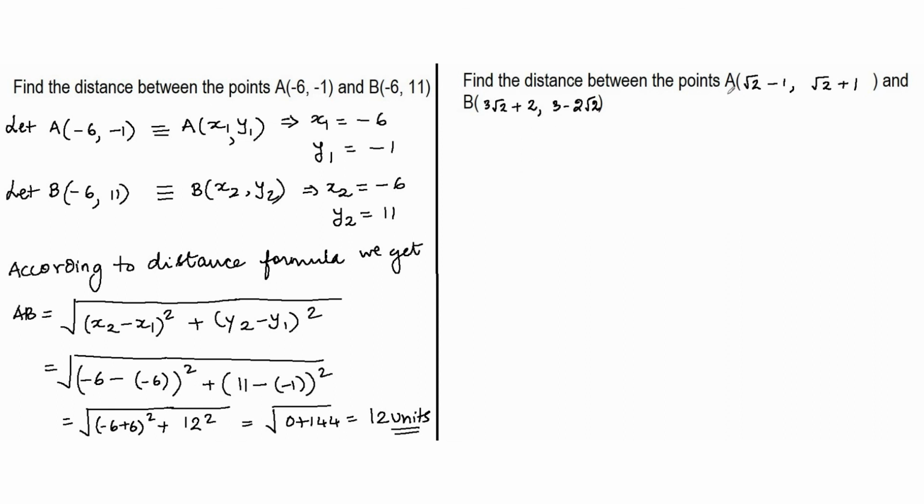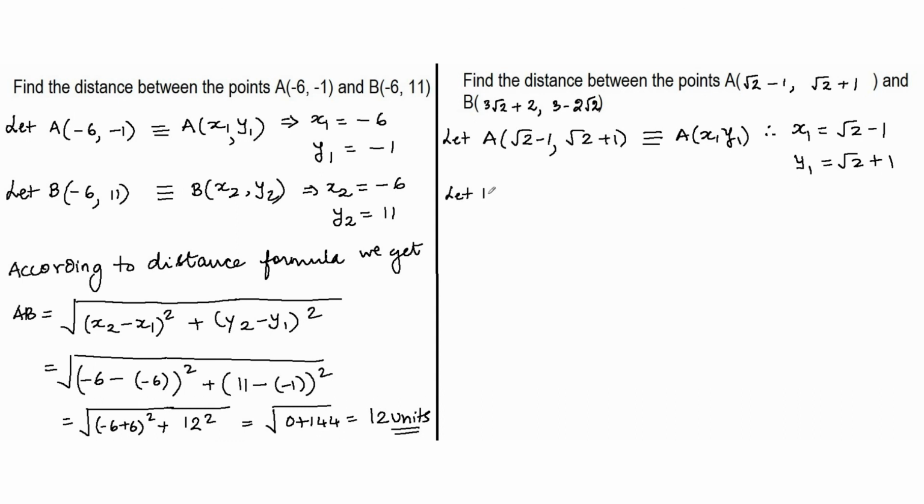Now again, let us consider the next question. We have to find the distance between these 2 points. So I will say let A of root 2 minus 1, root 2 plus 1 correspond to A of x1, y1, and therefore I know that x1 is root 2 minus 1 and y1 is root 2 plus 1.